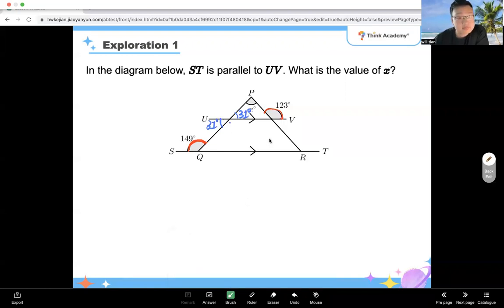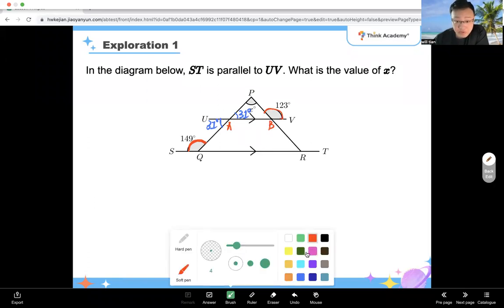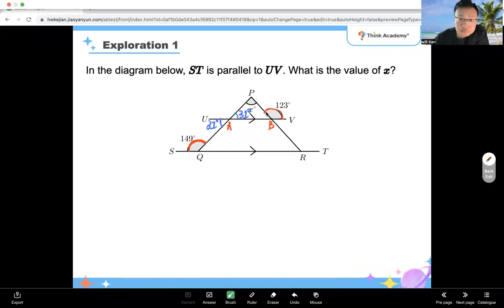Let's look at the other side of the triangle, AB. Since you know B is 123, 180 minus 123 is 57. So this angle over here is going to be 57.